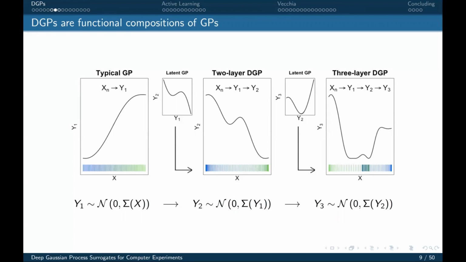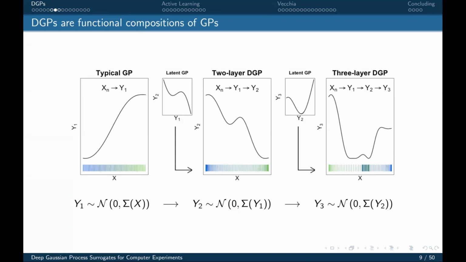The color here on the bottom is maybe the coolest thing about this picture. So if you imagine starting out with an evenly gridded set of X's, but you push them into the Y's and then make the Y's go into another set of Y's, the effect that has on the original inputs is to compress one part of the input space and expand another one.